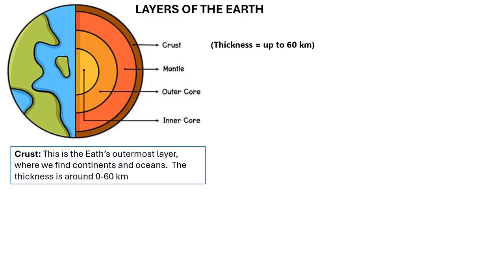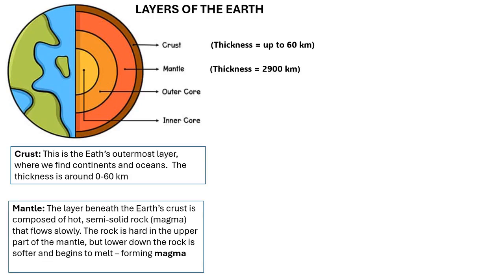Firstly, the crust. This is the Earth's most outer layer. It is more or less 60 kilometers thick. Then the mantle. The mantle is more or less 2,900 kilometers thick. This is the layer just beneath the Earth's crust.